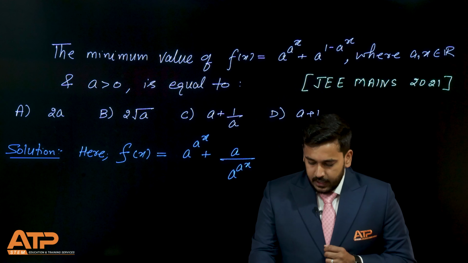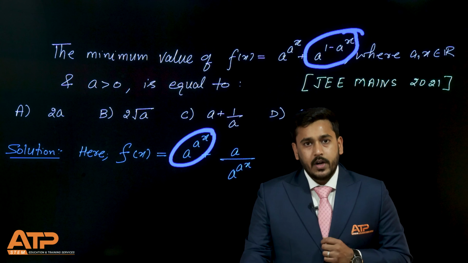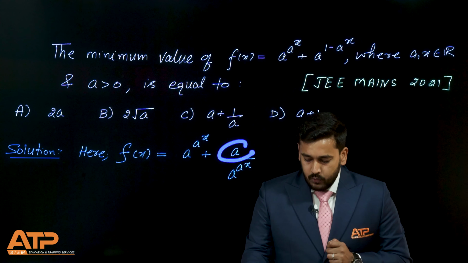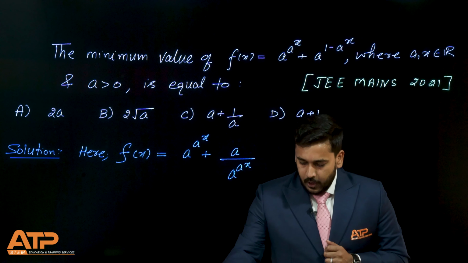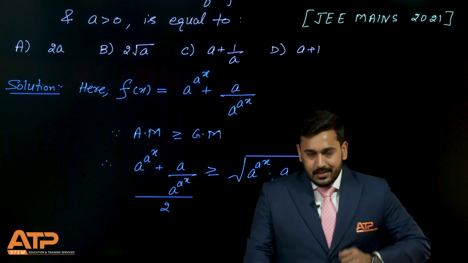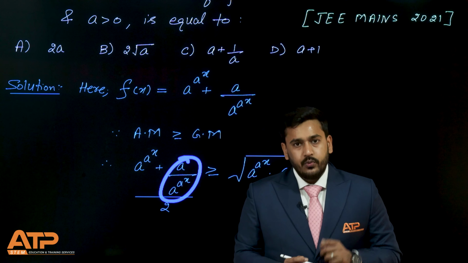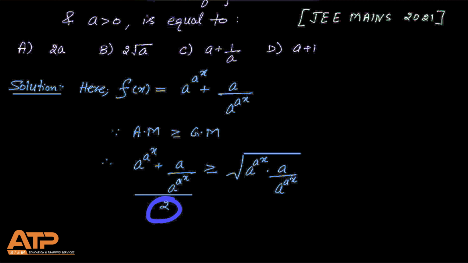Here we have f(x) equal to a to the power ax plus a to the power 1 minus ax. We are writing it as a to the power ax plus a over a to the power ax. Now, since we know arithmetic mean is greater than or equal to geometric mean, let's apply that relation on these two terms. Then (a to the power ax plus a over a to the power ax) divided by 2 is greater than or equal to the square root of the product of these two terms.